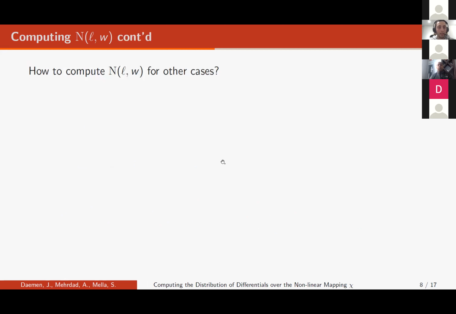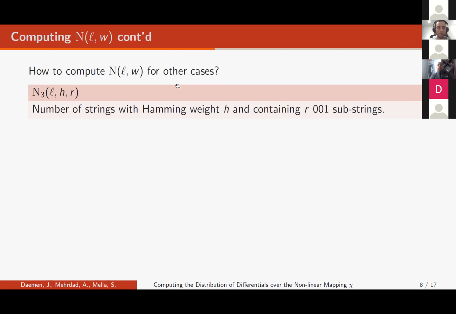But again, how to compute N_L,W for other cases? For small and large weights it is easy, but for other cases it's not easy to compute this N. So we define another function called N3, L, H, and R, and it computes the number of strings with Hamming weight H that contain R 001 strings.